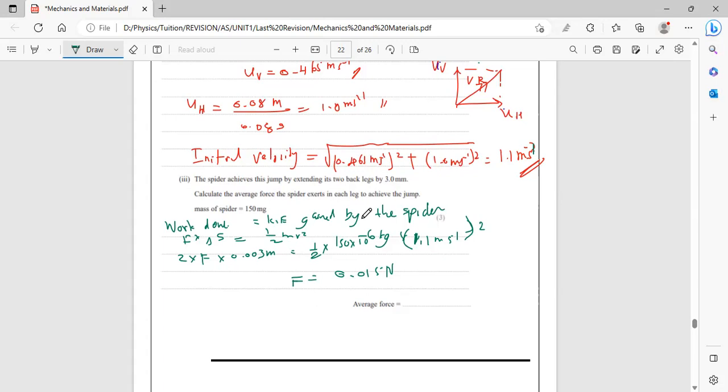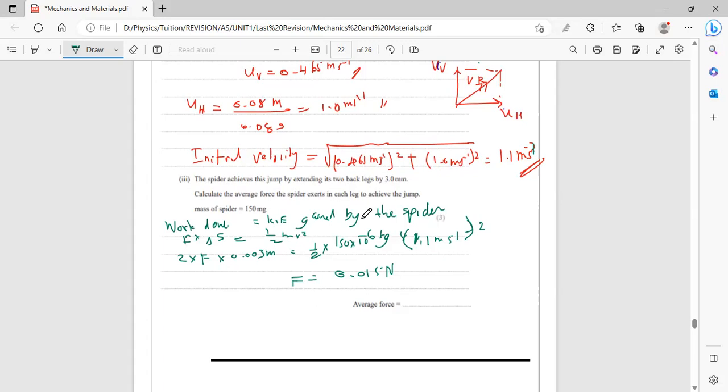So it generates energy by doing work. How does it do work? It uses its back legs, two back legs. It extends them 3 millimeters to do that.